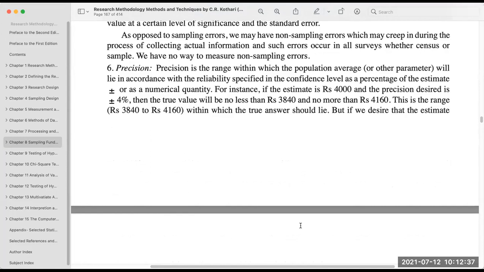If you're going to define a range, let's say for any product, we give limits: a basic size plus some tolerance value, say 20 plus minus 0.2.